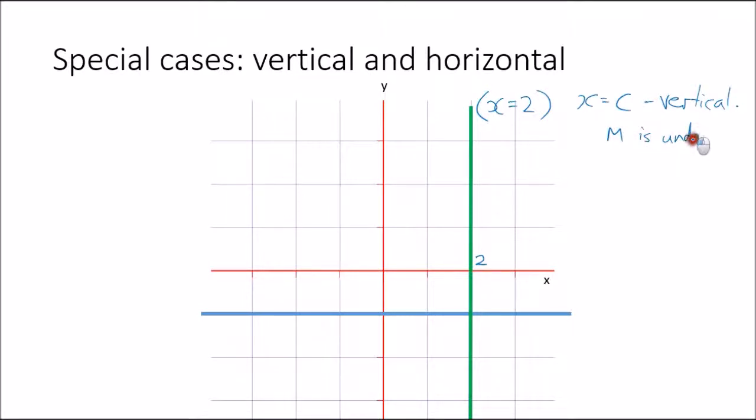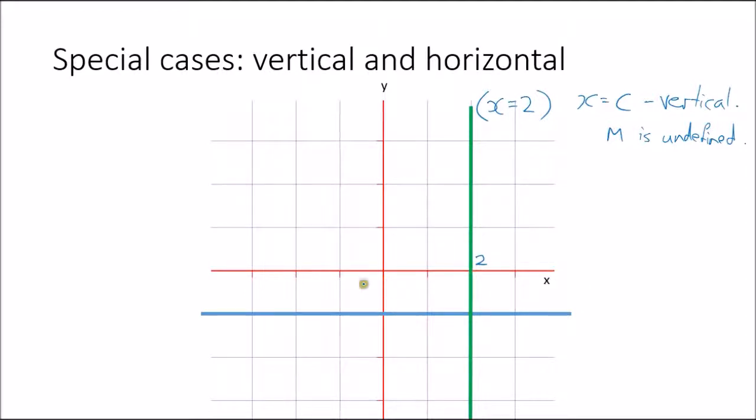It's not actually something that there is a number for, because if you think about it, gradient is rise over run. The rise is infinite and the run is 0, and you can't divide anything by 0. So there's no defined number for the gradient of a vertical line.